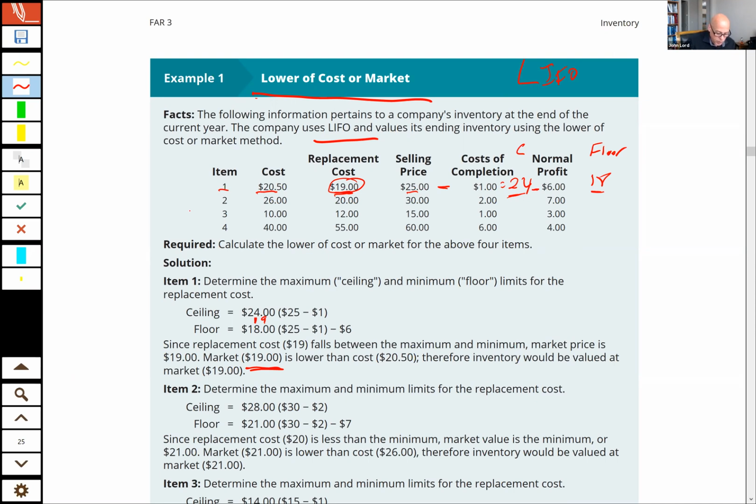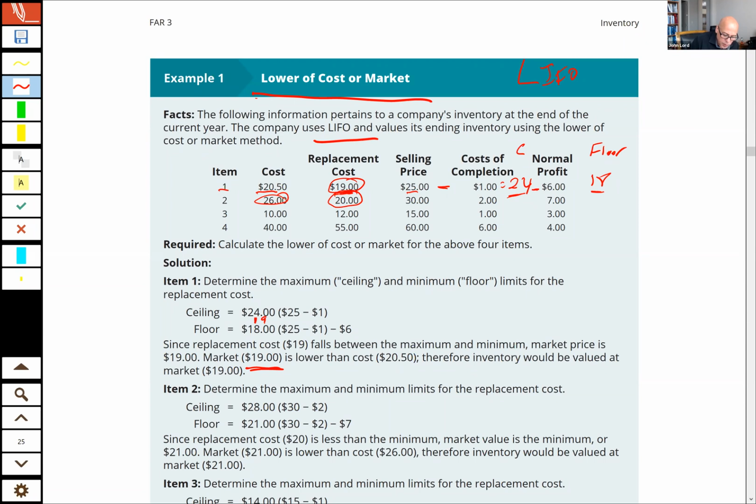Okay, good. Question. Want to do another one? Yes. Let's do another one. Okay, all right, good. Let's do number 2. So for number 2 now, the cost is 26. I have to see if my market is below the cost. I have to write it down to that lower market using the lower cost or market requirement.